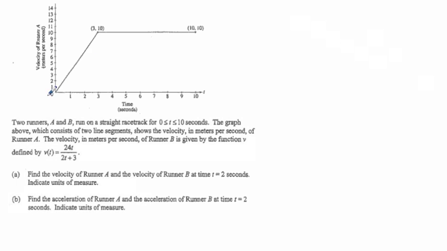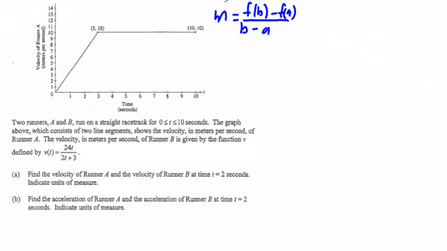Well, what we're going to do is find the equation of this line segment, and if we plug in 2 to that equation for the line segment, we will have the velocity of runner A. So we're going to get our slope, which we'll call m, which is going to be f of b minus f of a over b minus a.